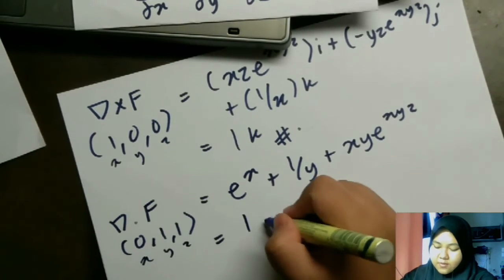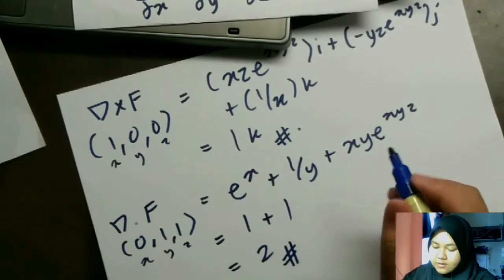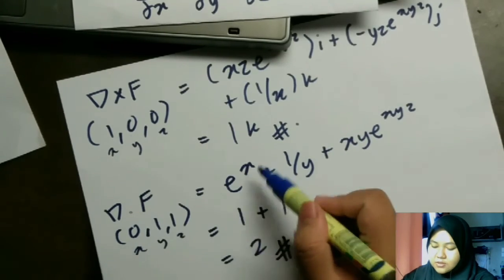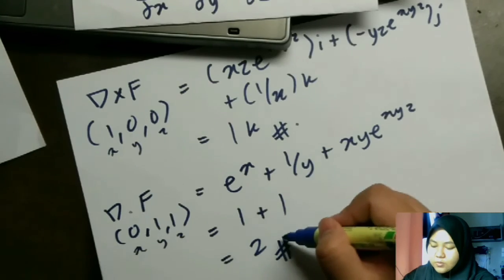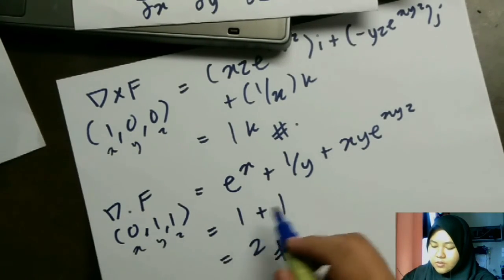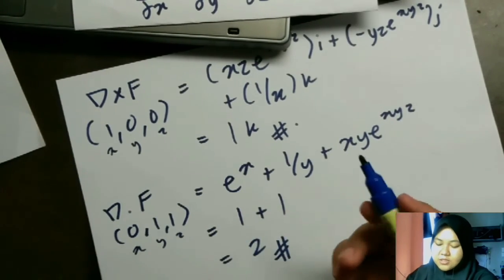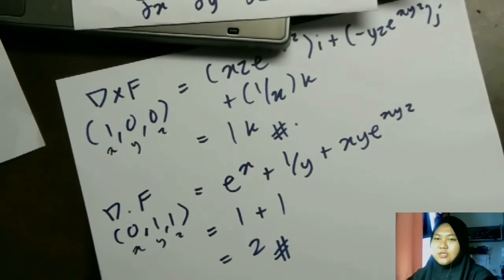We got 1 plus 1 equals 2. Why? Because e to the 0, since x is 0, is 1. 1 over y, with y equal to 1, is 1. And x is 0, so here we got 0. So 1 plus 1 is 2. So the value for the divergence at point 0, 1, 1 is 2. So that is the final answer for this question.